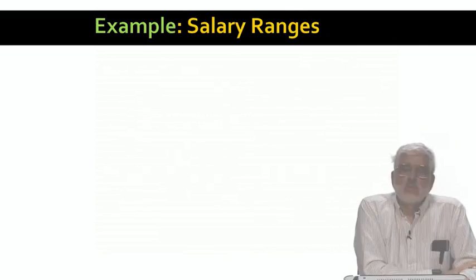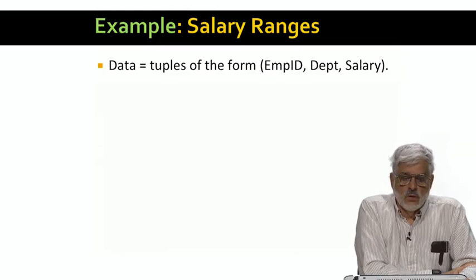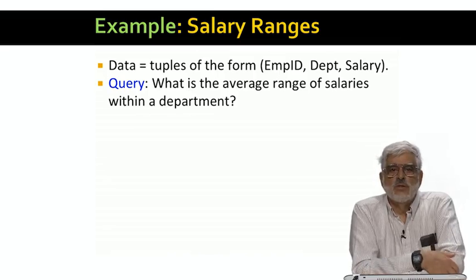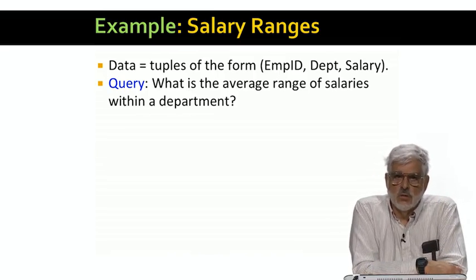So let's look at a simple example where picking the right key makes all the difference. Imagine our data elements are tuples with 3 components: an ID for some employee, the department that employee works for, and the salary of that employee. For each department, there is a salary range, the difference between the maximum and minimum salaries taken over all the employees of that department.